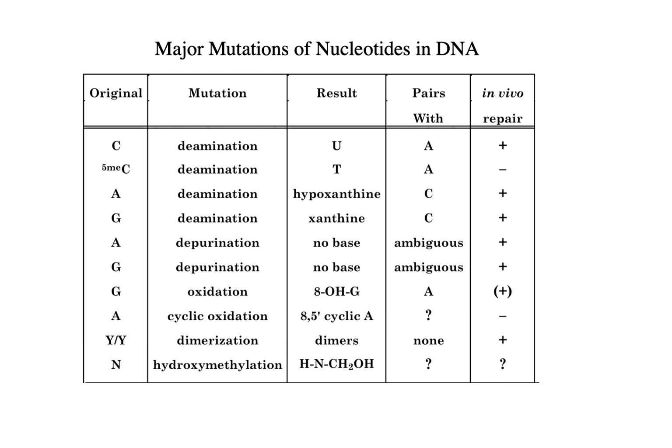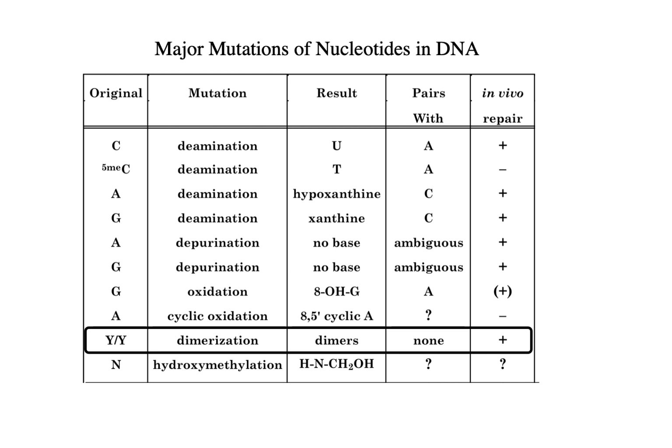Adenines often become cyclic. That is, it's a cyclic oxidation between part of the base and part of the sugar to become 8,5' cyclic adenosine. And it's sort of ambiguous pairing also, and there are no known repair systems for that, so those become fixed.